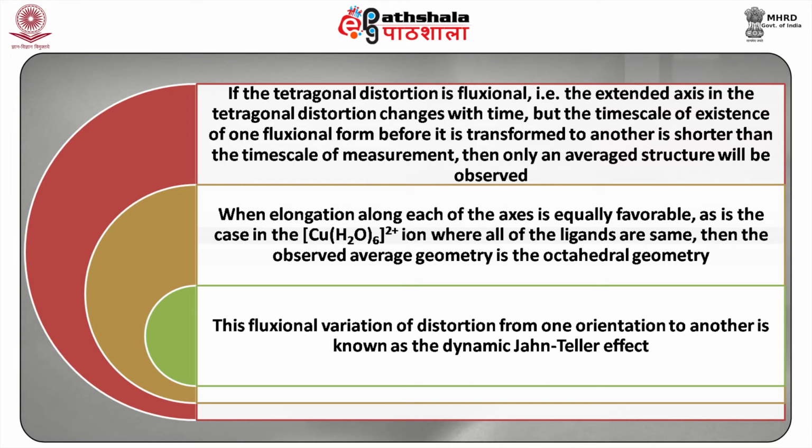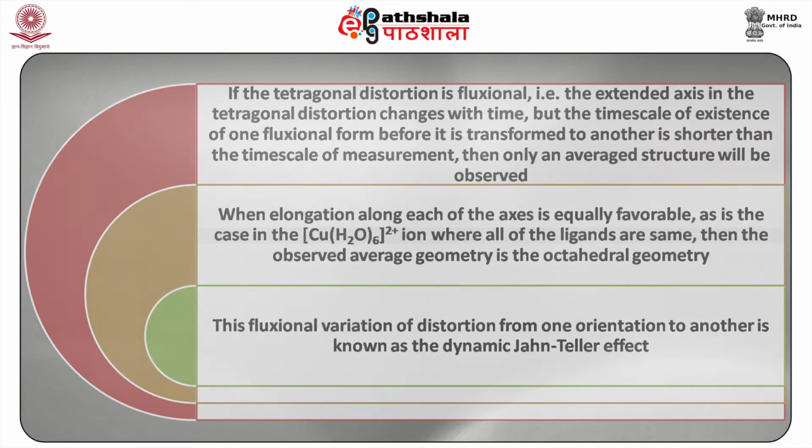When elongation along each of the axes is equally favorable, as in the case of the copper 2+ complex having H2O as the ligand, where all the ligands are the same, then the observed average geometry is the octahedral geometry. This fluxional variation of distortion from one orientation to another is known as the dynamic Jahn-Teller effect.